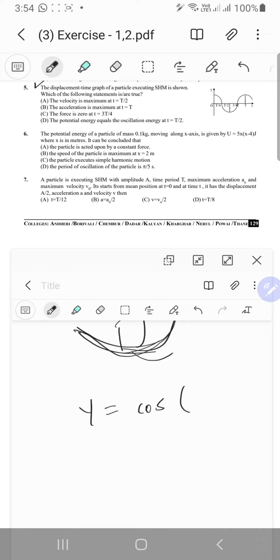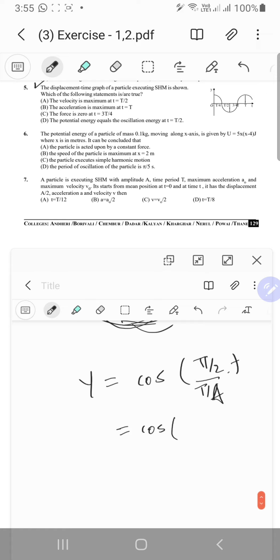At T by 4 it becomes pi by 2, so pi by 2 upon T by 4 into small t. Cool. So this is just cosine of, no, this is T by 4. So this goes 2 pi upon capital T into small t, obviously. Nice.